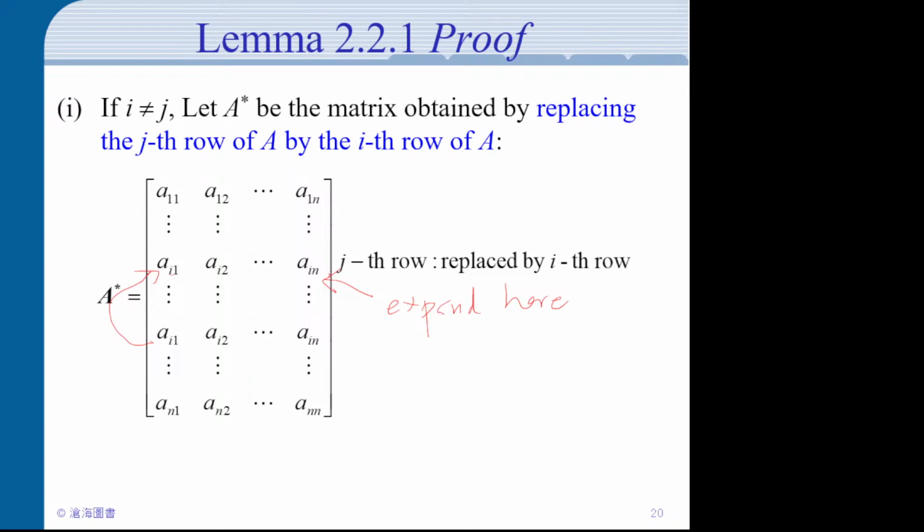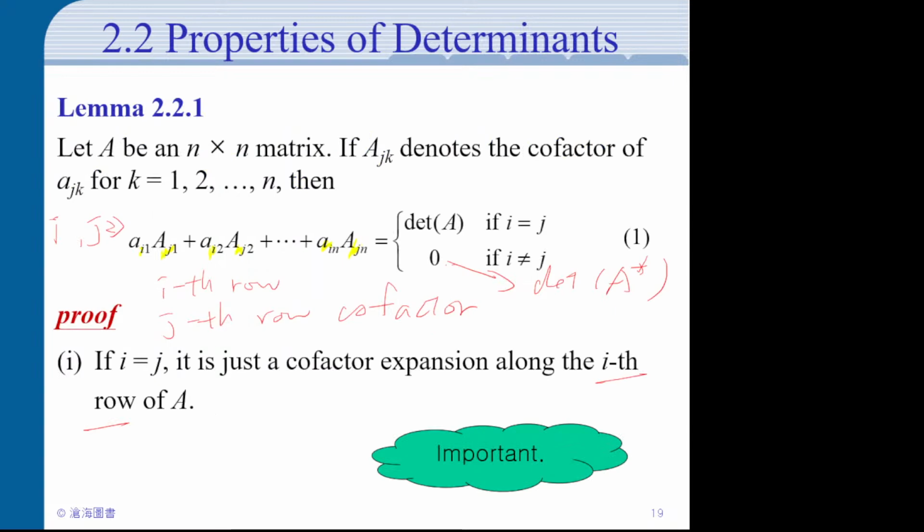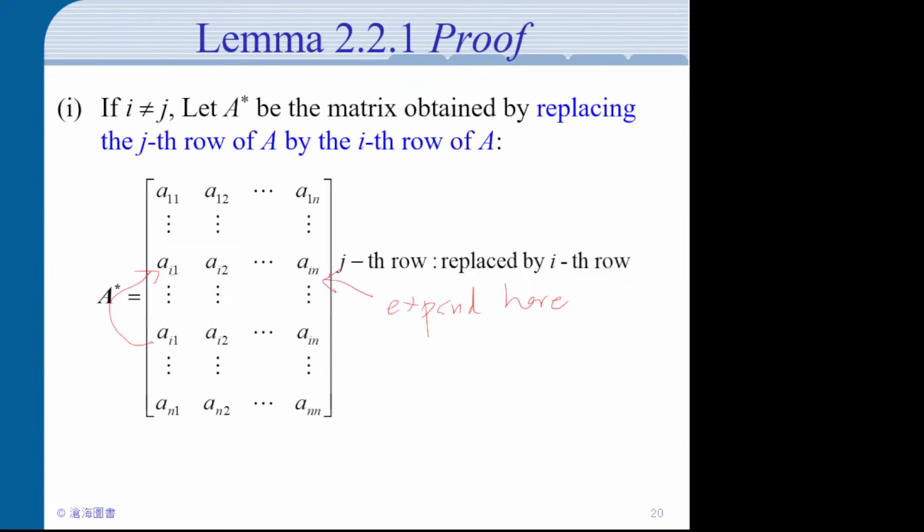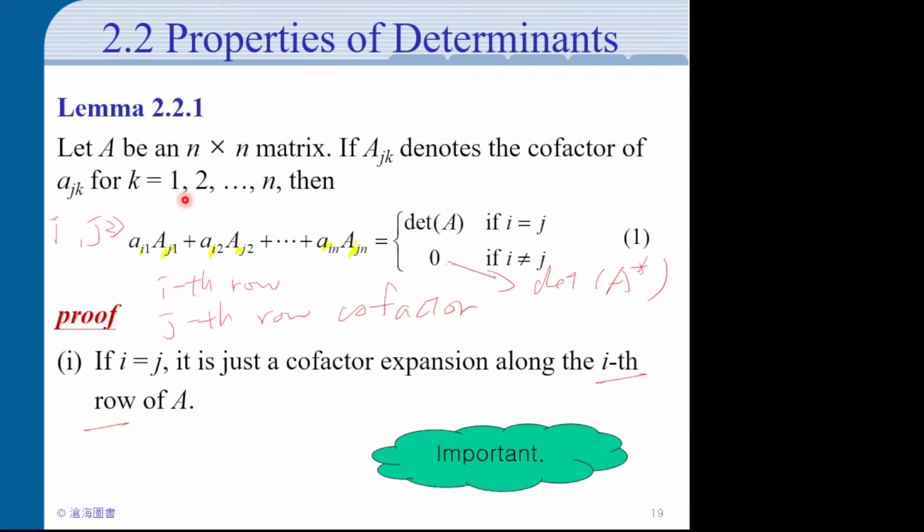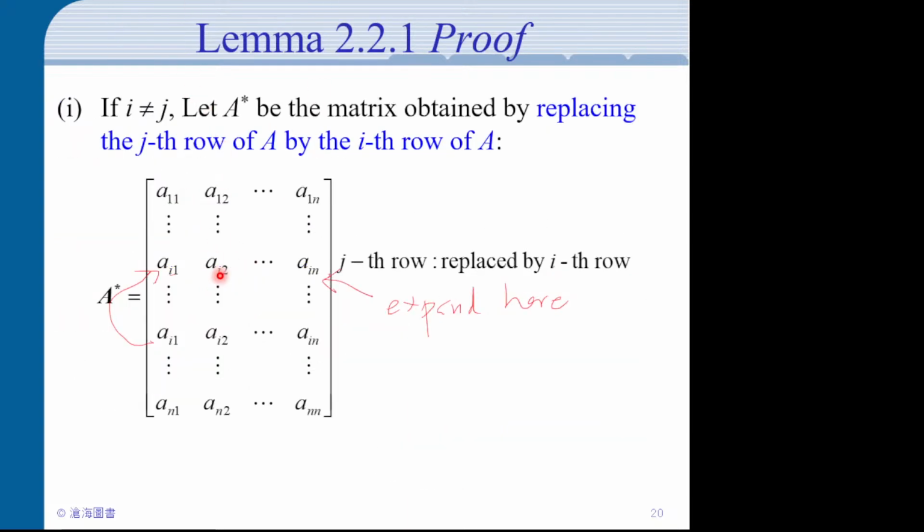All the small a_ij will be those a_i1 to a_in. And the cofactor of A star on the jth row is the same as the cofactor of A, because you keep expanding here and you don't see that it got replaced. So the cofactor big A_ji will be the same as the cofactor here.